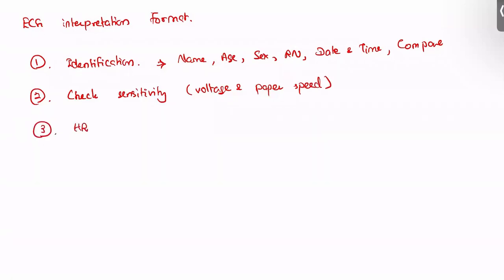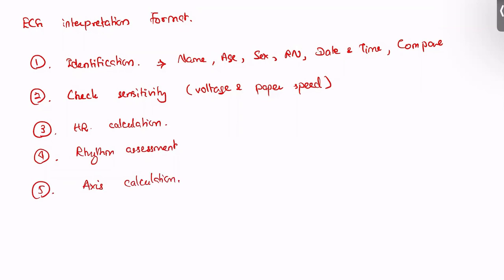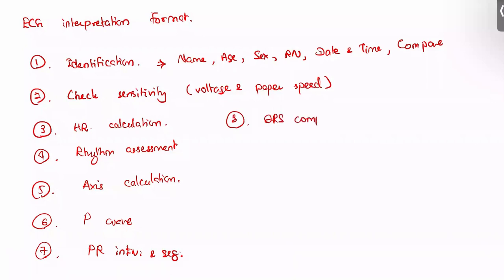The third is the heart rate calculation. Four is rhythm assessment. Five, axis calculation. And then we will go through the single waves: the P wave abnormality, PR interval and segment, QRS complex.